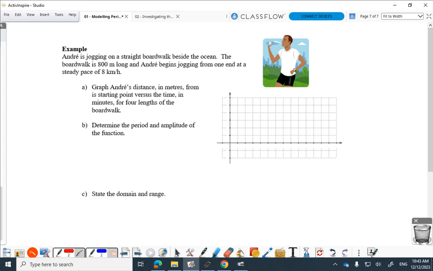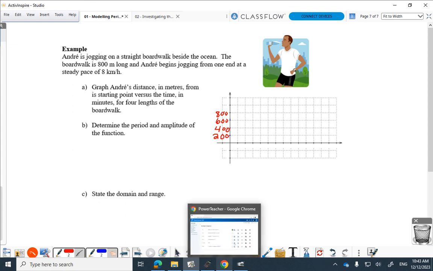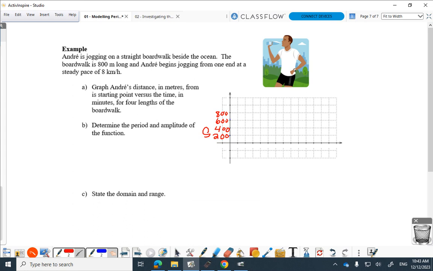Oh, that's not going to go well. So I'm going to go 200, 400, 600, 800. Oops, my 400 didn't go very well there. So these are the distance in meters.